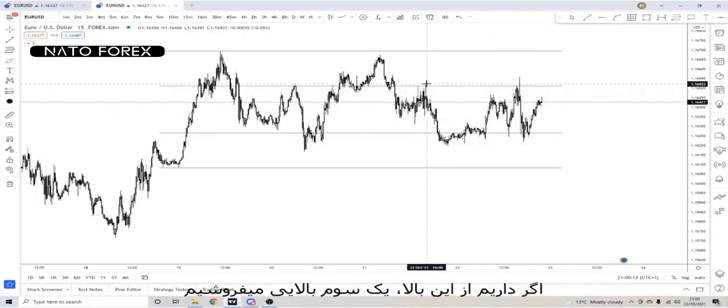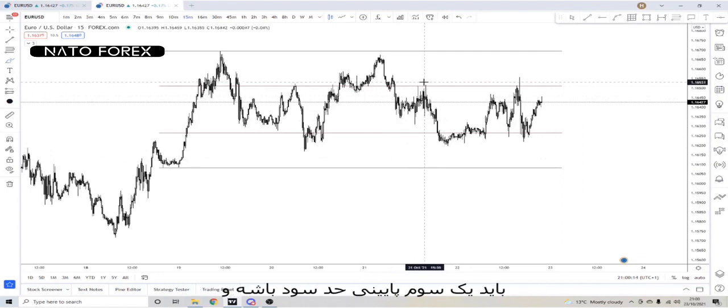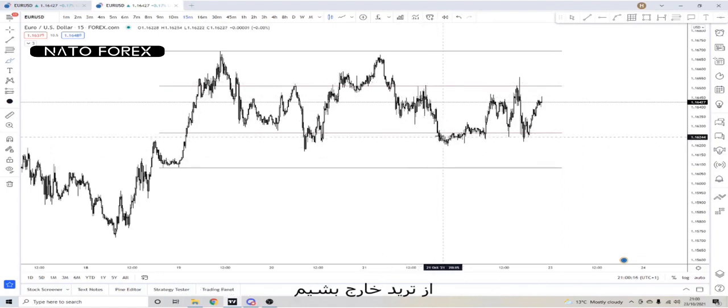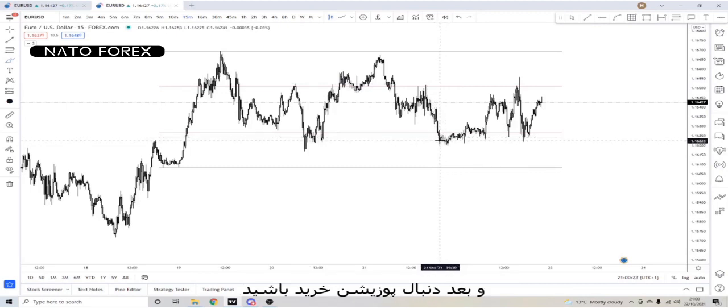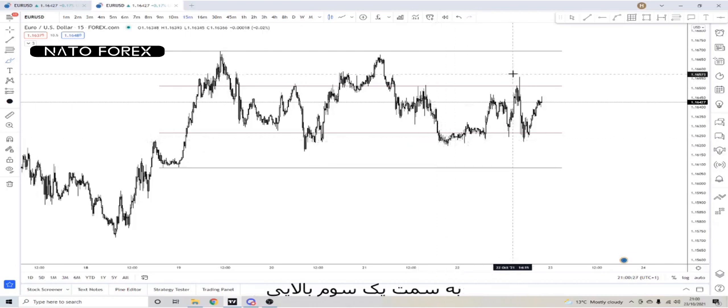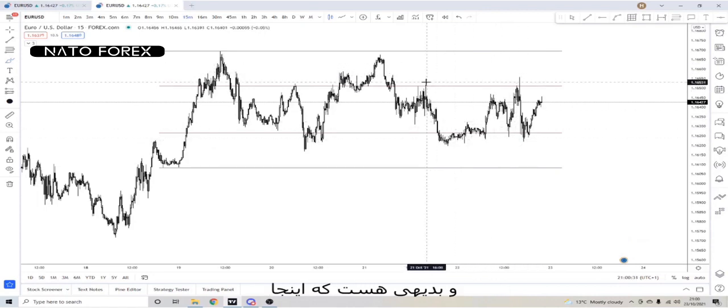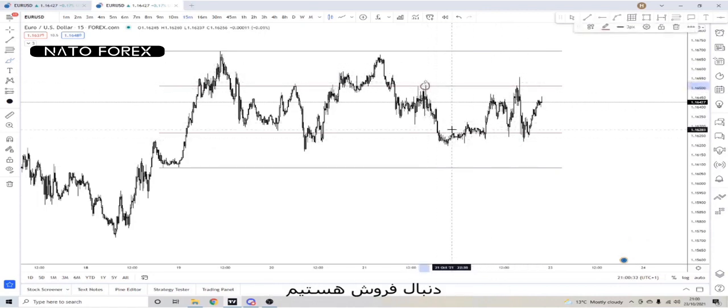So if we are taking shorts from this top third, then we want to be taking profits at this bottom third, or at least heavy partialing to then start looking for potential buys back up again into this top third.